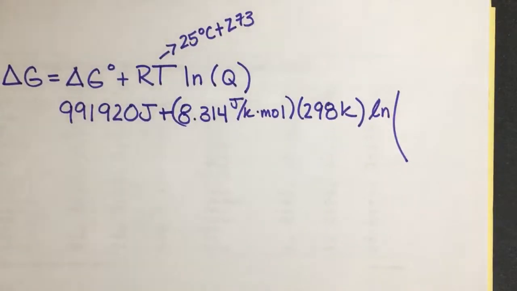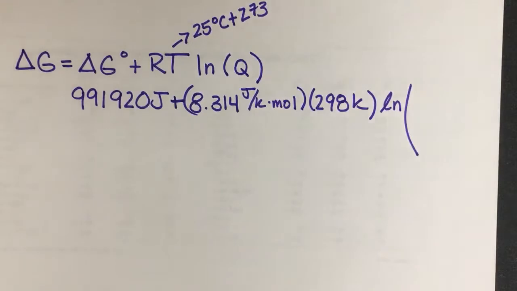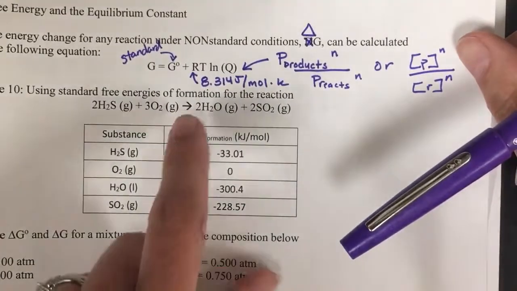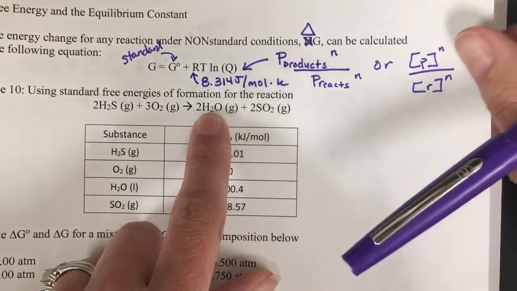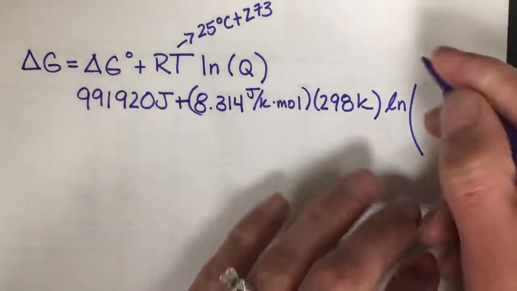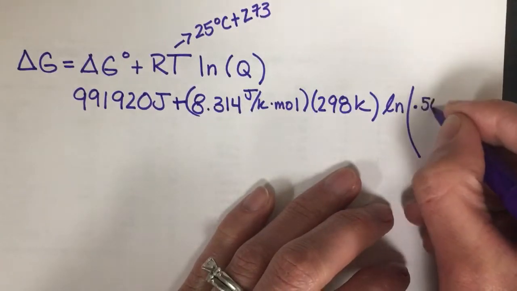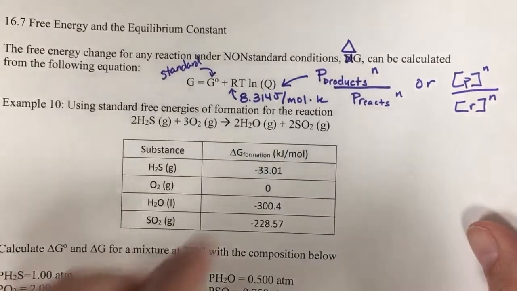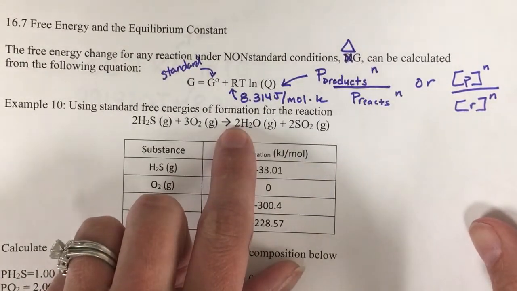Now this is where it gets a little tricky. It is my products. So I've got water. I've got 0.5 atm of water. But that needs to be raised to the power of 2.